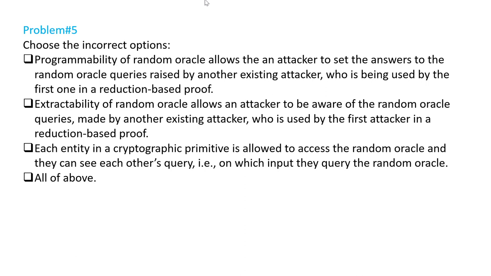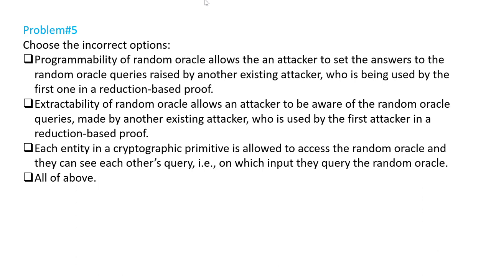Choose the incorrect options. So here there are two properties of random oracle, right? Programmability and extractability. The first option says that programmability of random oracle allows an attacker to set the answers to the random oracle queries raised by another existing attacker who is being used by the first one in a reduction based proof.